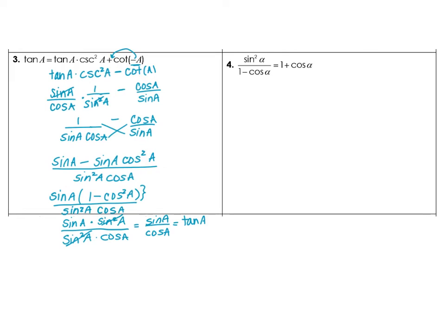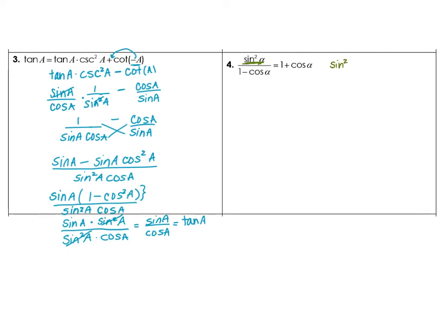Now looking at number 4, this one it looks like we might have to do some factoring. I know how we do not care too much for factoring, but we might have to here. Notice sine squared A, that's kind of the oddball in this problem because everything else is in terms of cosine. So let's see what we can do with that.